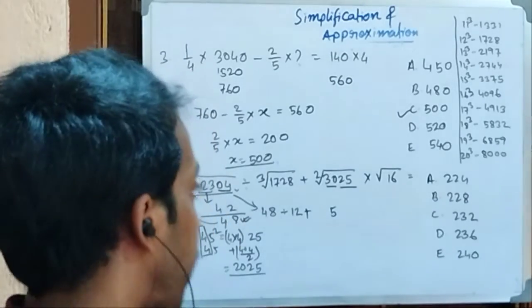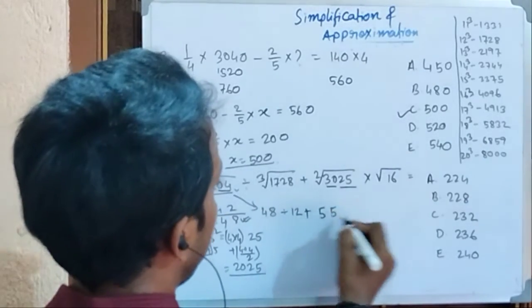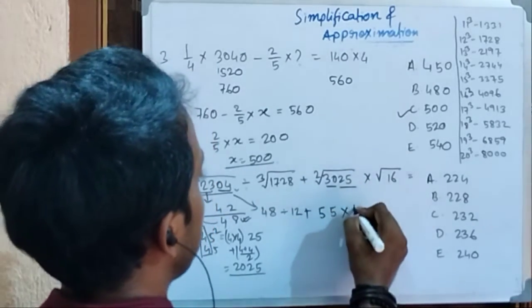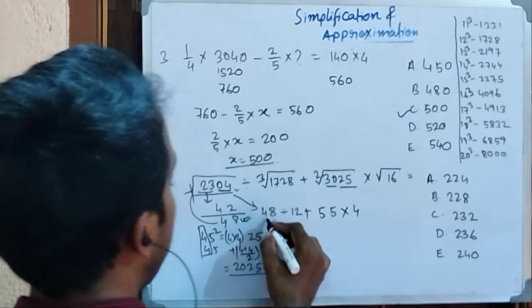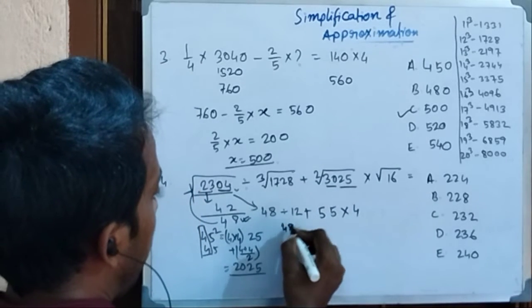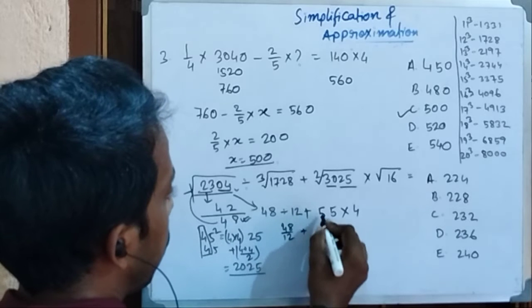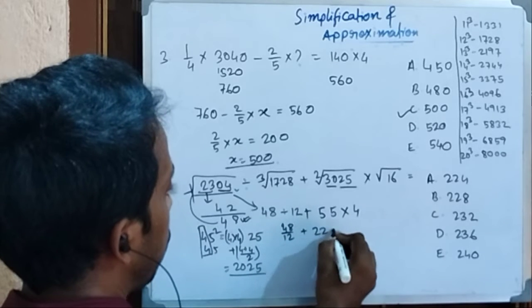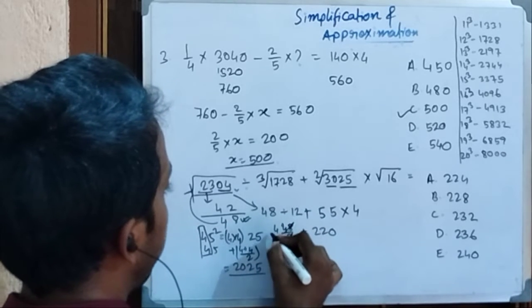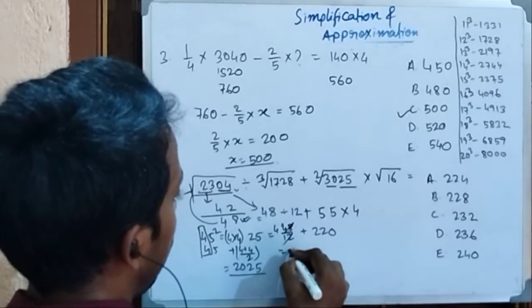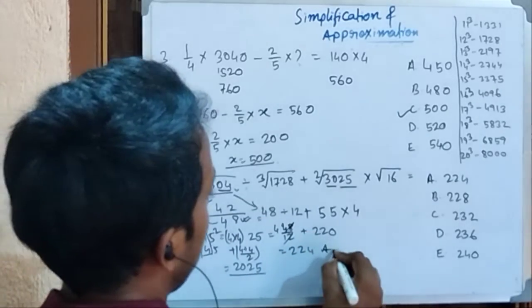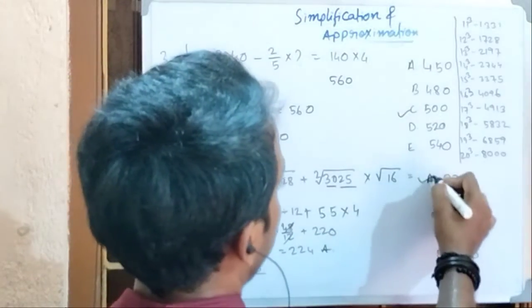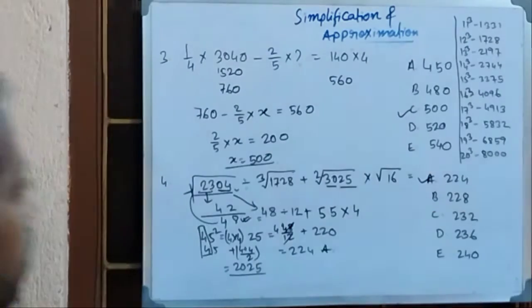So 5 will be there. So 55 into square root of 16, which is 4. Now 48 by 12 plus 55 into 4, 220, and this would be 4. So 224 is the answer. Here option A is the correct answer, right?